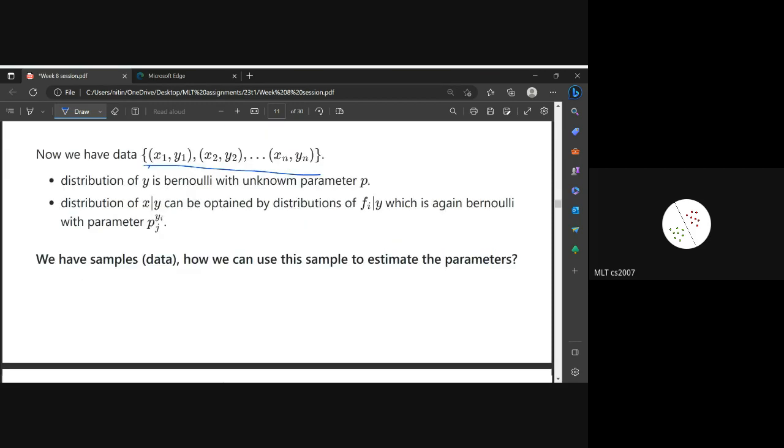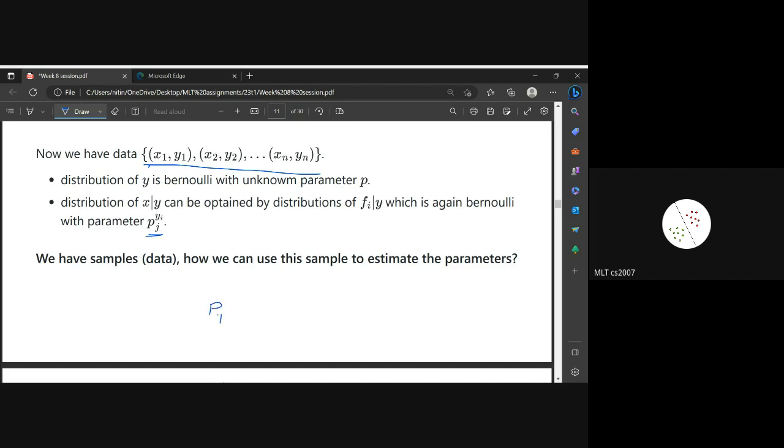So for finding these distributions, one more notation here. This notation means that the jth feature takes value 1 given the label y equal to i, right? So don't be confused with this notation. I saw last time that some of you were confused with it. So always make sure that you are familiar with this notation.